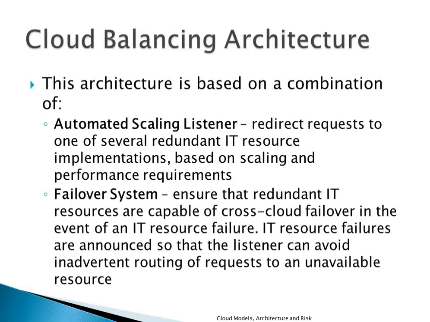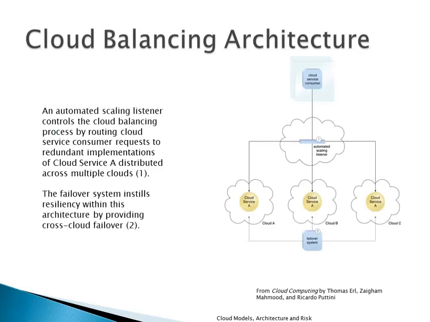The last thing you want to do is try to push resources to AWS if it's gone down for some reason. You want to push them off to other resources that are still up. So this is basically what it would look like. You'd have a scaling listener controlling the balancing process, and it would route consumer requests to redundant implementations across multiple clouds.